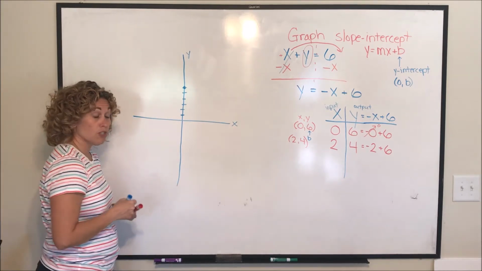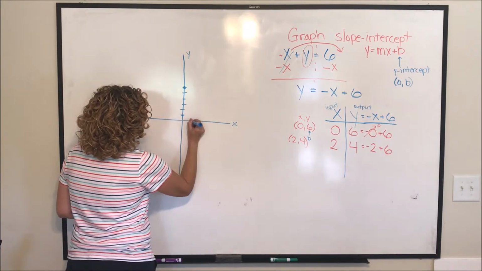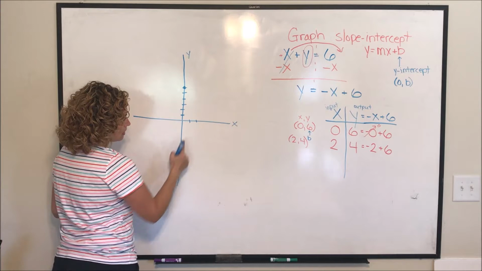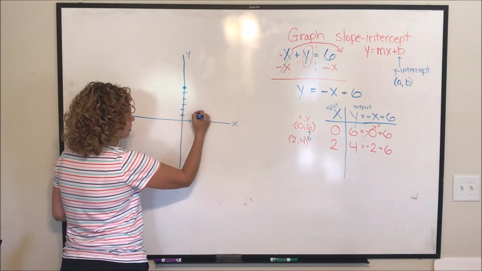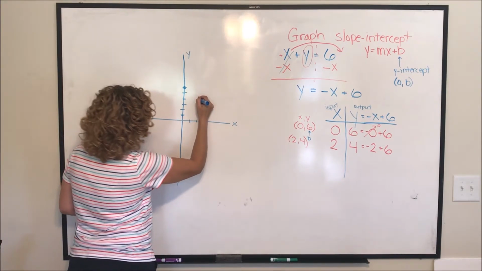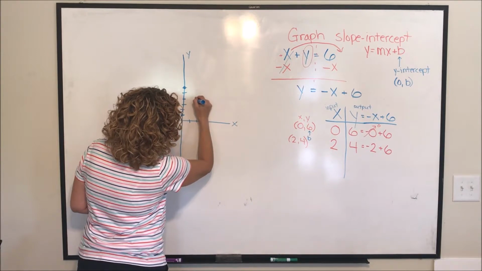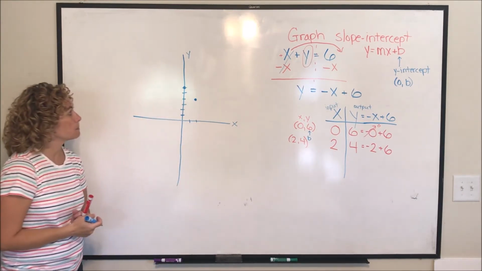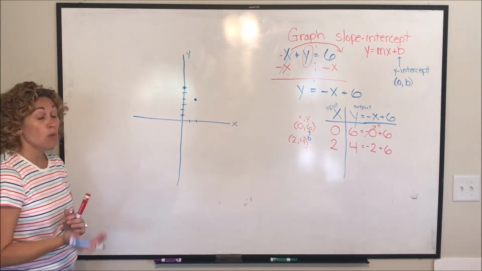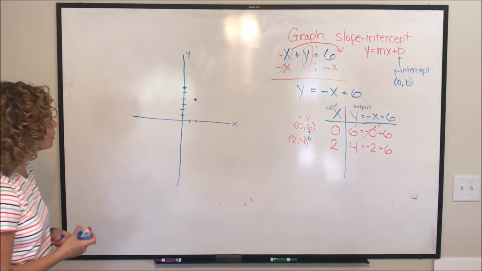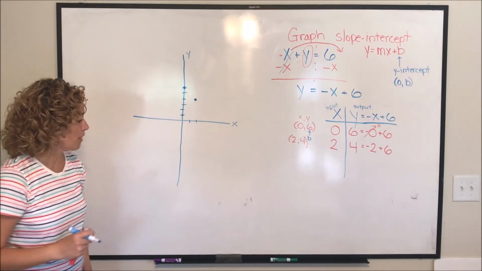When I come over to my graph, I'm going to go 2 spaces in the x direction, and 4 spaces in the y direction. Now, 2 points make a line, and that's an important fact in geometry.